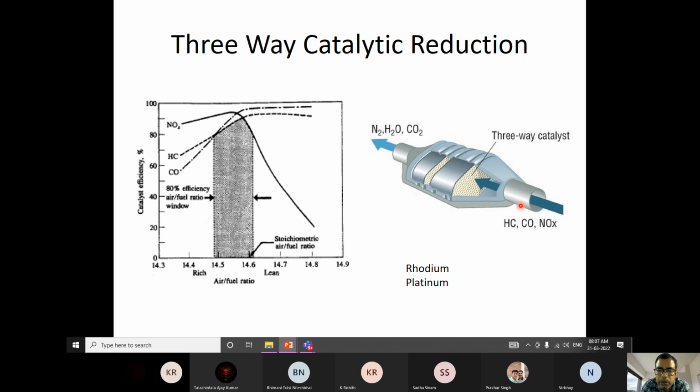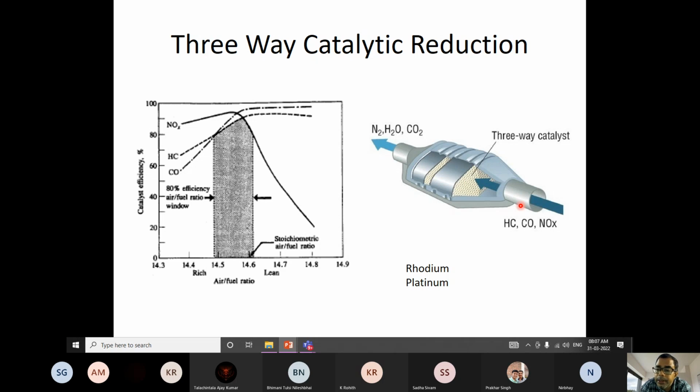Initially we started with the history of emissions, emissions regulation, how to do the measurement of the emission, and what the emission standards are, particularly for Indian conditions or Indian adoptions. And then we discussed some of the regulated pollutants, and the reason why they form during the combustion process.